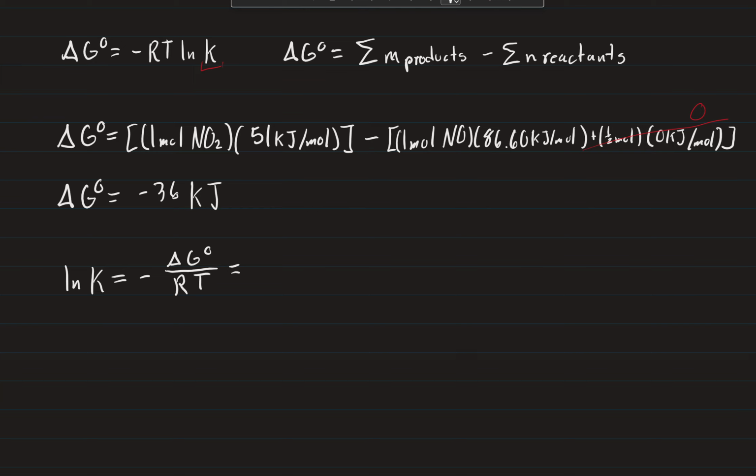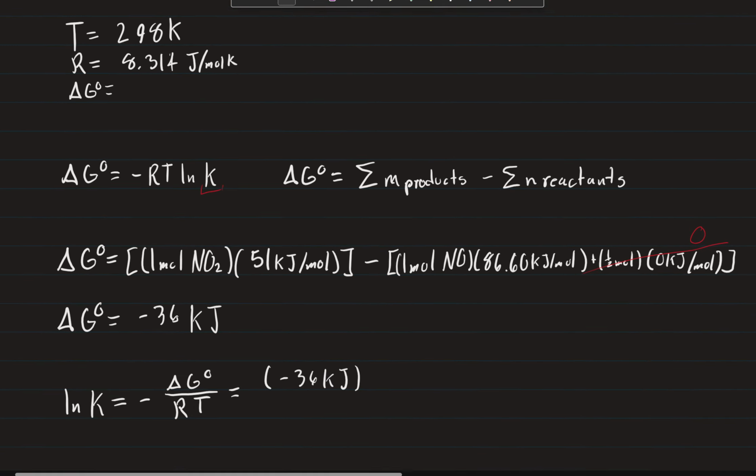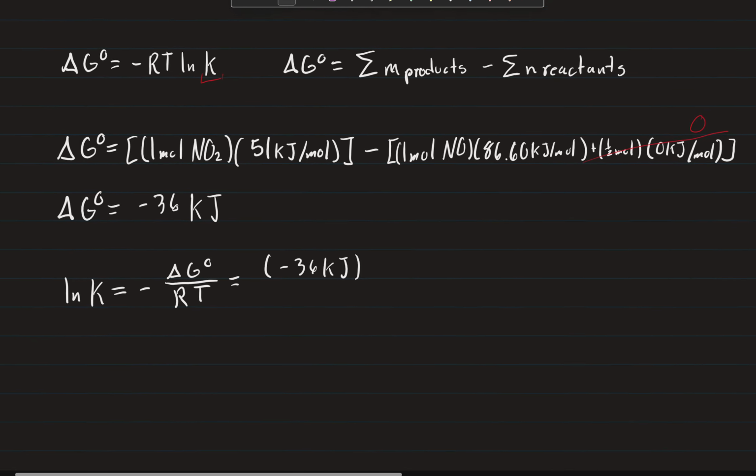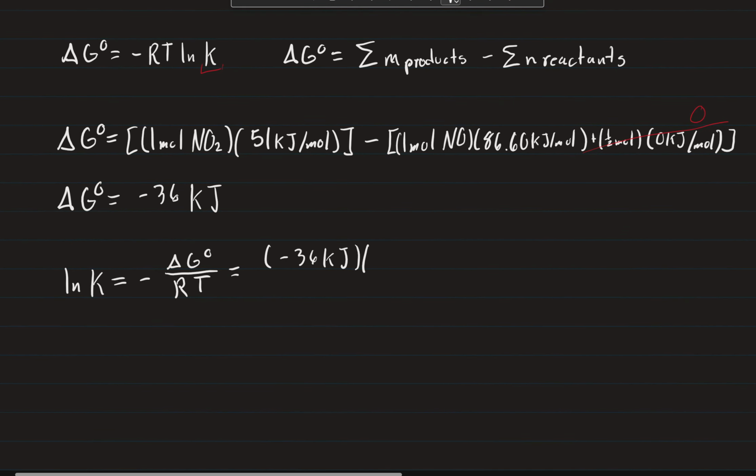Then we plug in what we know: our delta G is negative 36 kilojoules. If you remember, our R value is in joules, so we have to convert our kilojoules to joules. There are 1,000 joules in 1 kilojoule.